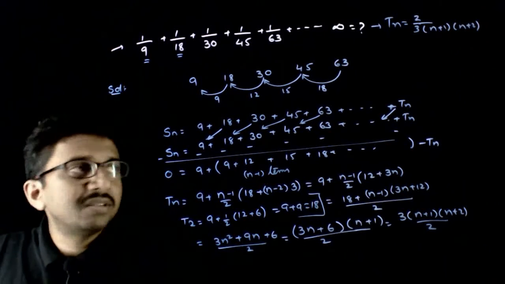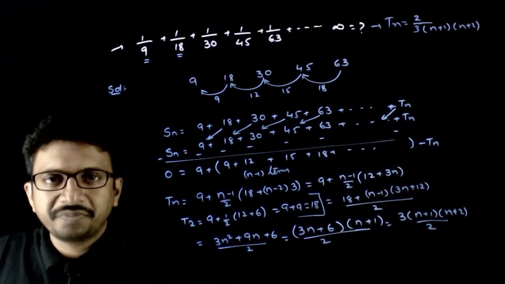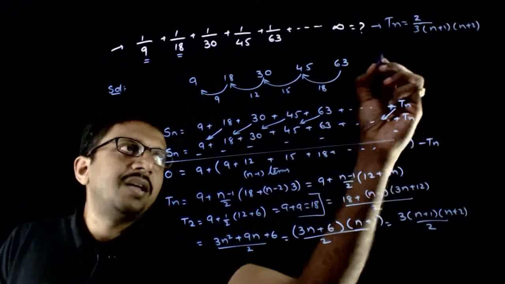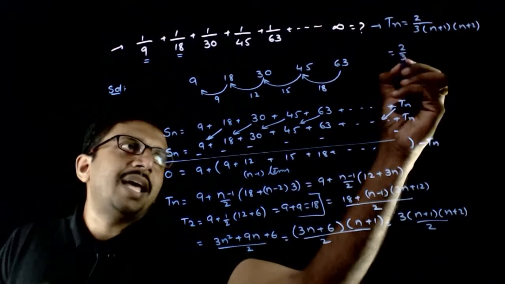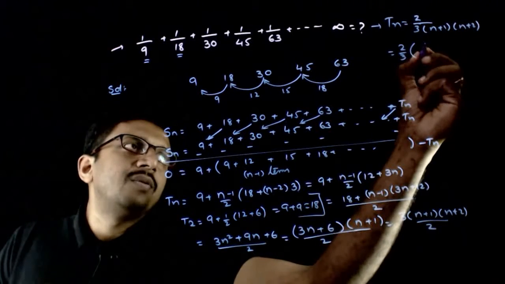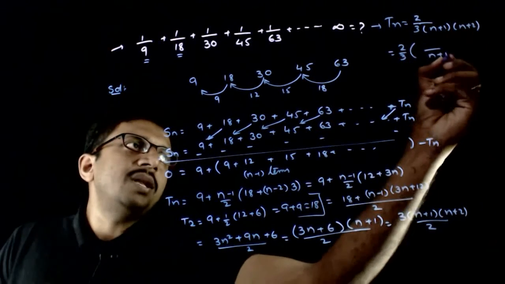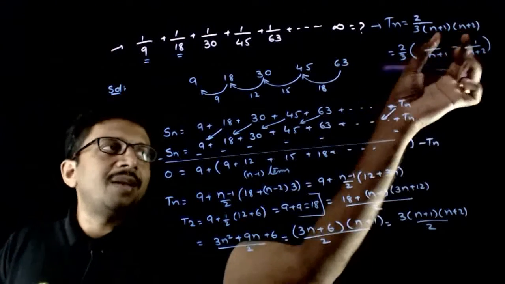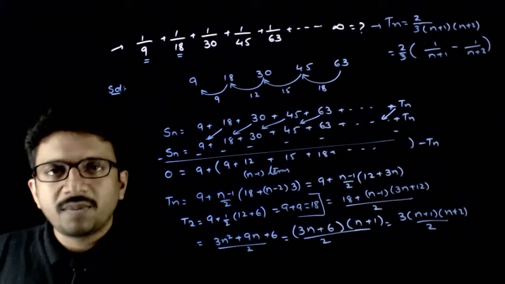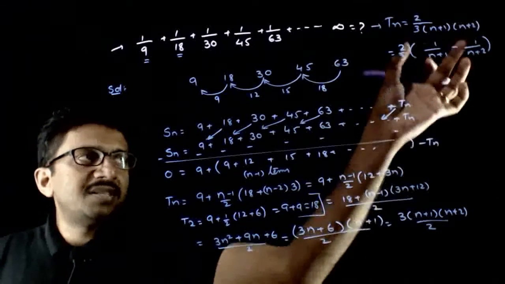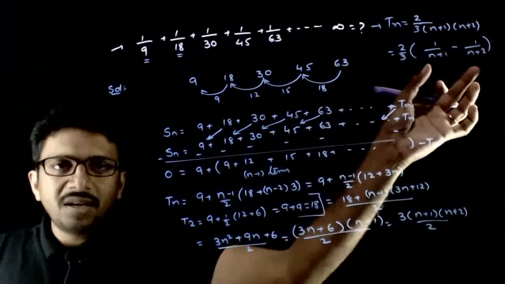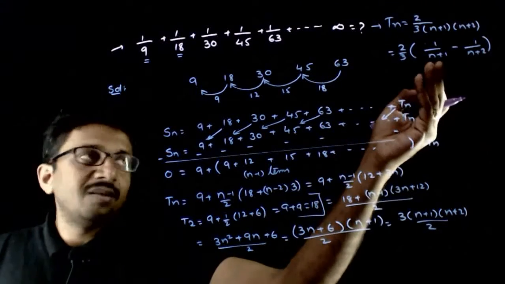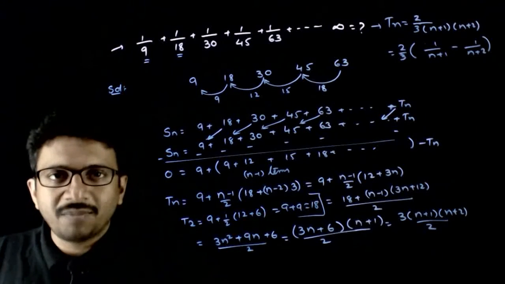Once you have the nth term, you can sum it, because I can write it with partial fractions: 1 by n plus 1 into n plus 2 is 1 by n plus 1 minus 1 by n plus 2. This is a very standard splitting in terms of partial fractions. So Tn is expressed as 2 by 3 times 1 by n plus 1 minus 1 by n plus 2.